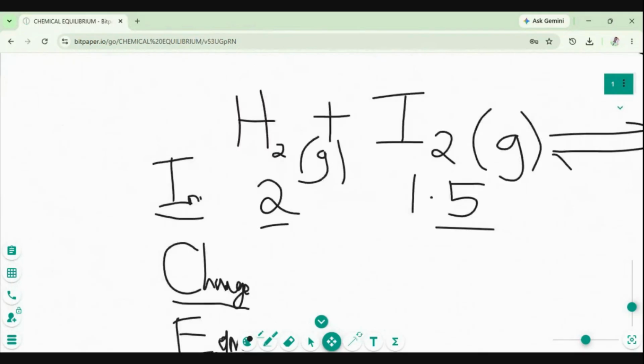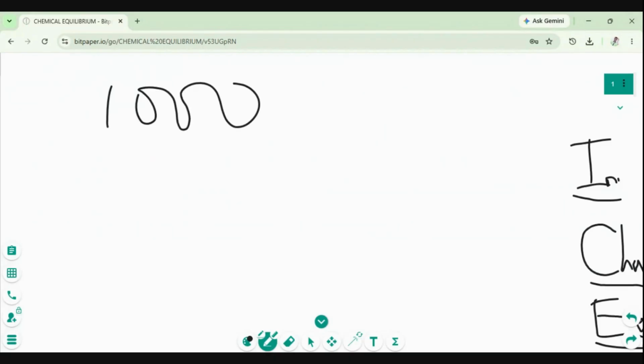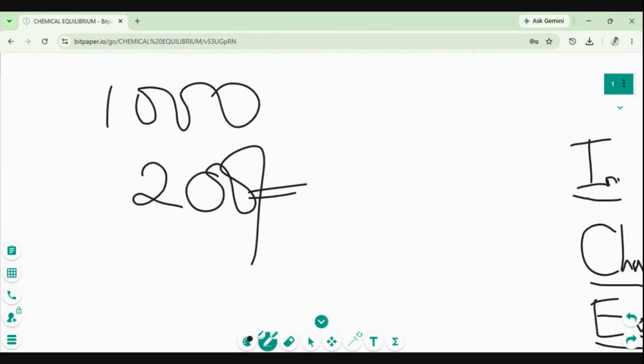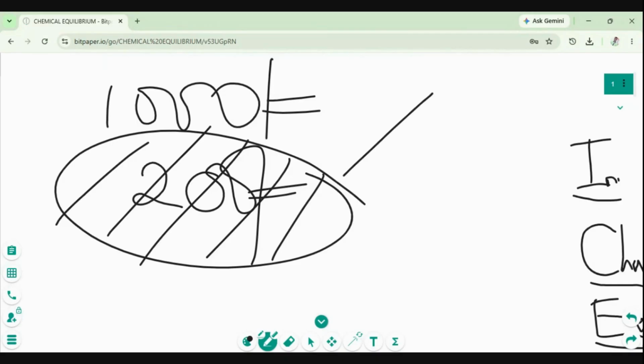Okay. Now, if you were sent to a shop with 1,000 Ugandan shillings, and then you buy a sweet of 200 Ugandan shillings. How much disappeared? 200. The amount of money that you used is the one that disappeared.